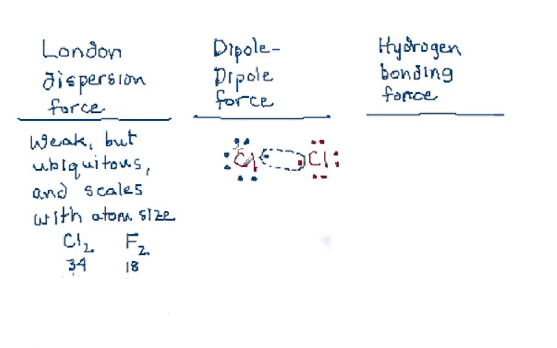This chlorine would have 2, 4, 6, 7, and this electron isn't exactly his, but he can pretend, and that could count as 8. And this atom could say 1, 2, 3, 4, 5, 6, 7. This one isn't exactly hers, but she can pretend a little and say that she has 8. If they do this, then they each have 8 electrons, and now they have a full octet and they're happy.